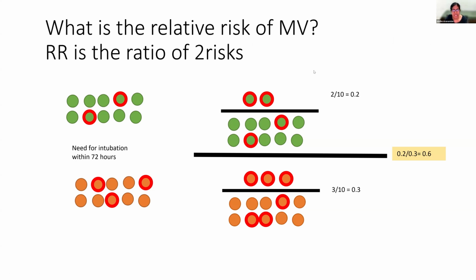is the ratio of 2 risks. So you take the risk of failure in the Hudson group divided by the risk of failure in the Ram's cannula group. We got 0.2 divided by 0.3, which is 0.6, right? 0.6.